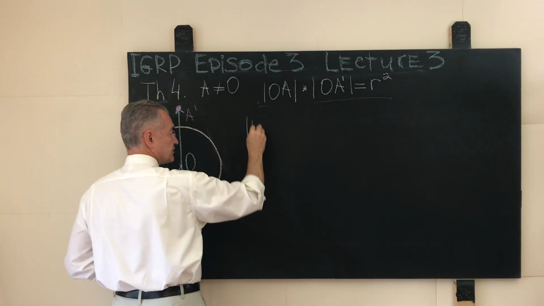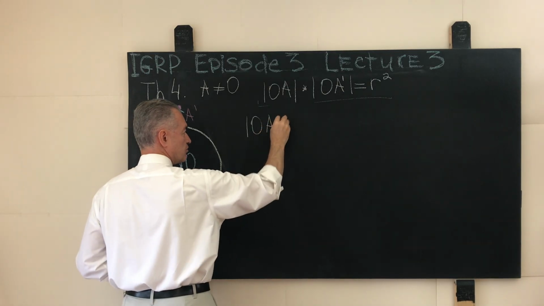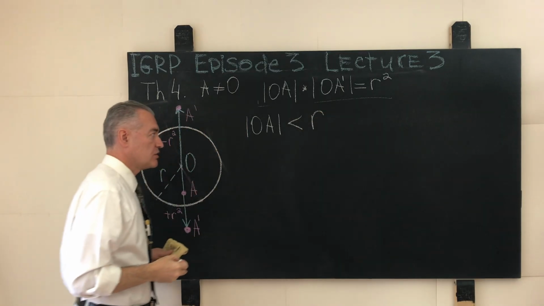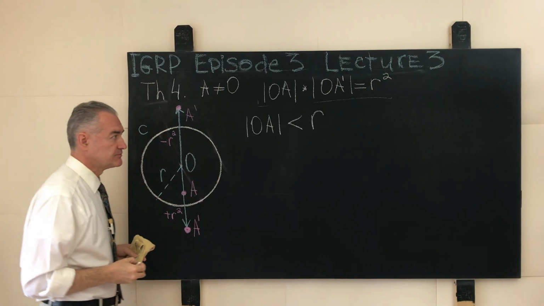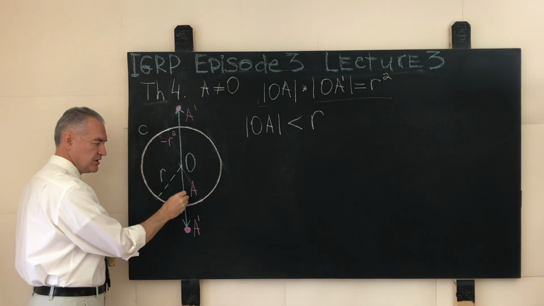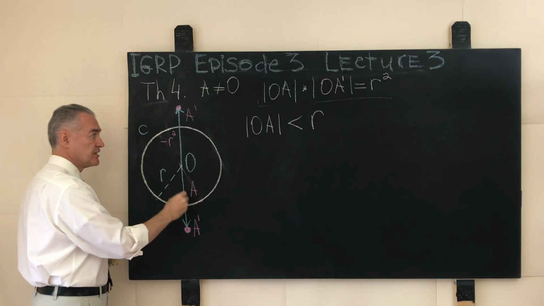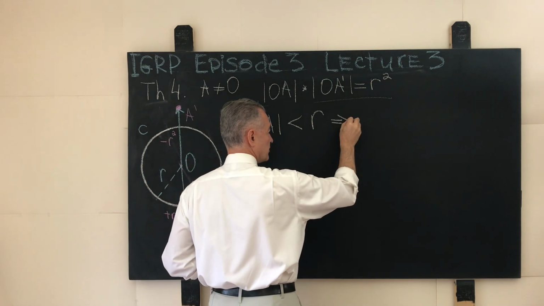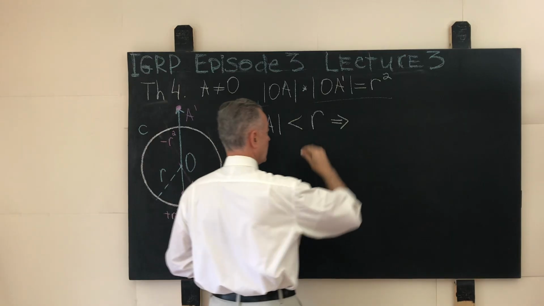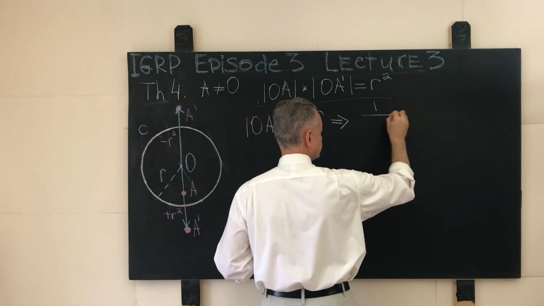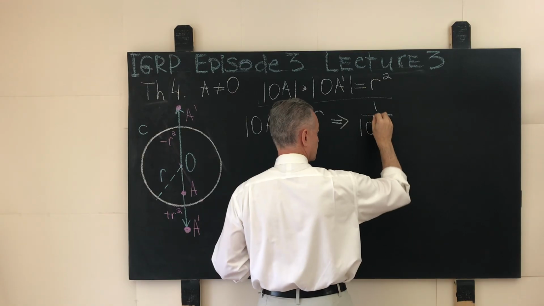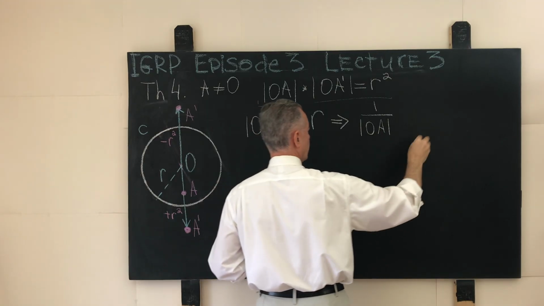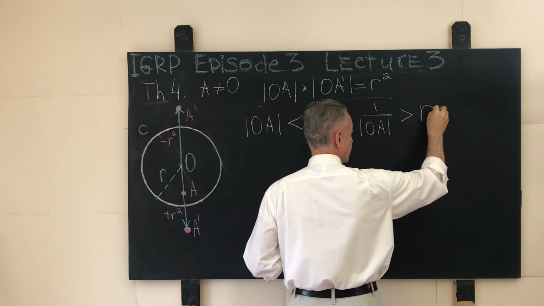It means that the distance from the center of inversion to the pre-image point A is strictly less than R. This is our algebraic rendition of the fact that the sample pre-image point A is located strictly inside of the circle of inversion C. And from that, it follows that since all the magnitudes in question are strictly positive, the reciprocal of this relationship translates as follows: 1 over the distance from the center of inversion to the pre-image point A must be strictly greater than 1 over R.